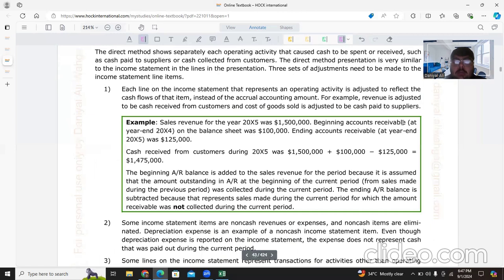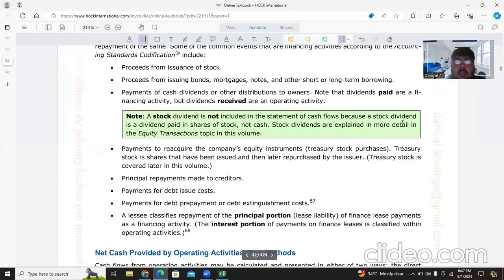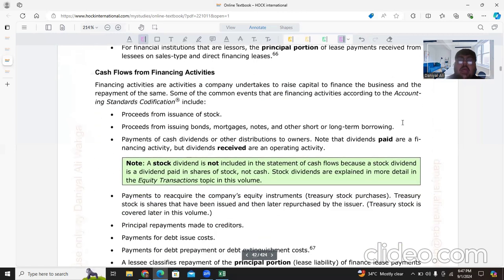Let me go up towards cash flow from financing activities. It says financing activities are the activities a company undertakes to raise capital. Yes, you finance your business through capital or through debt. There are some different types. You repay the debt at a time, you buy back your shares.